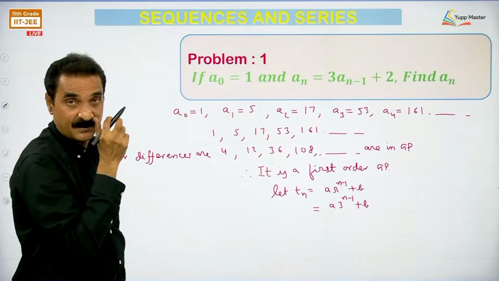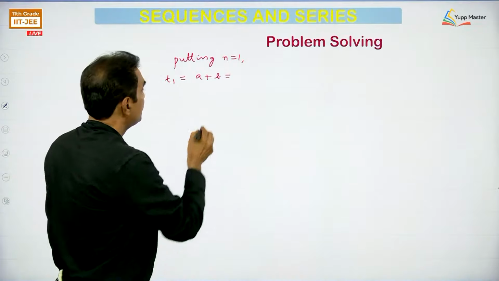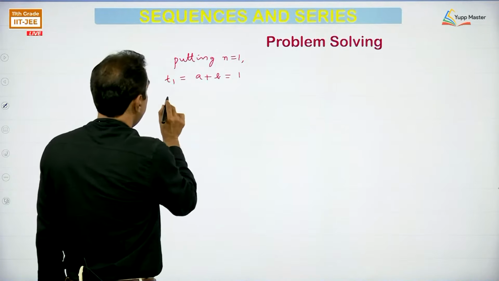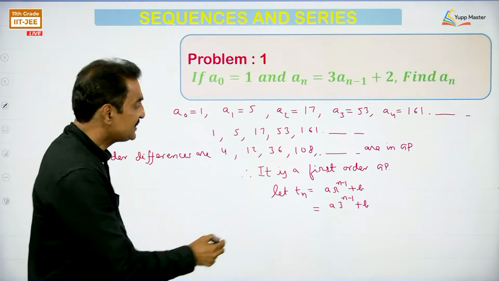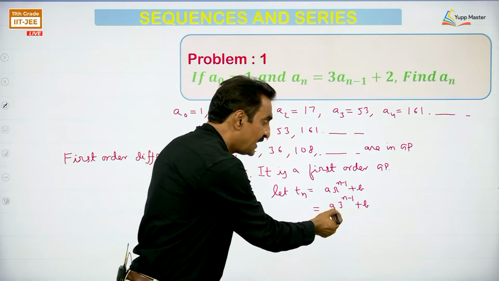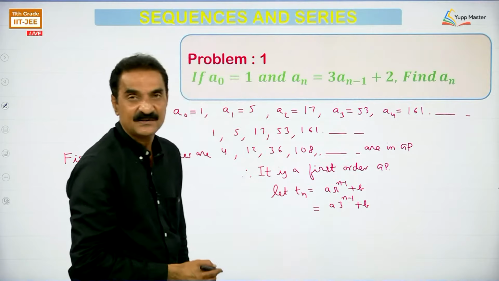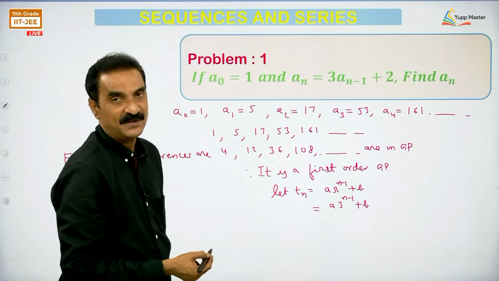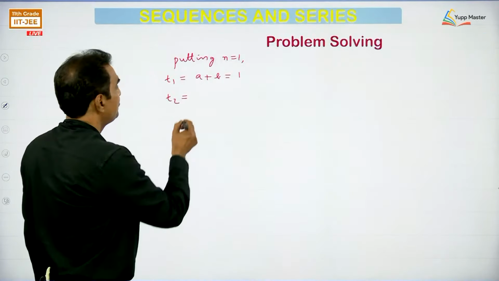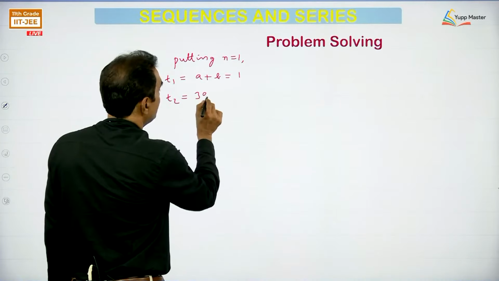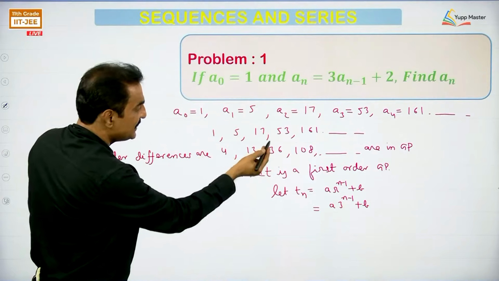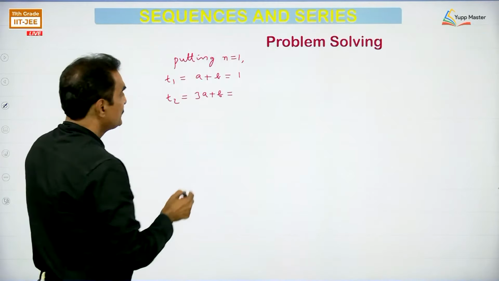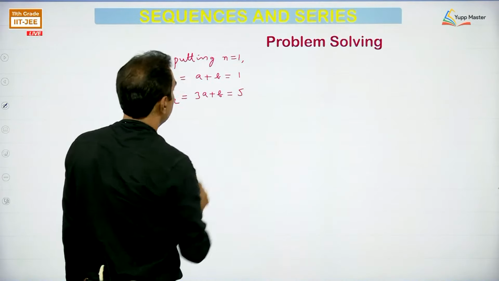First term is 1. Next, T2, the second term. Putting n is equal to 2 here, you will get a into 3 power 2 minus 1, that is a into 3 plus b, that is 3a plus b, is equal to, what is the second term in this sequence? 5. So 3a plus b is 5.